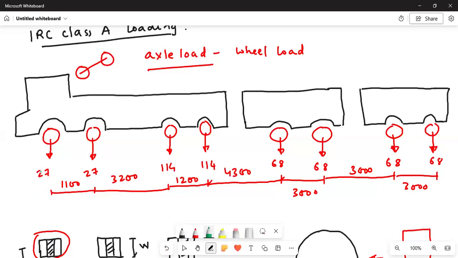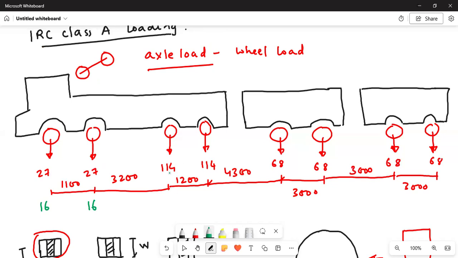So here it is 27 in the class A. In the class B, it shall be 16. This is also 16 in the class B. All the things will be same. The only difference will be in the magnitude of the loading. The capacity of the loading will be different.